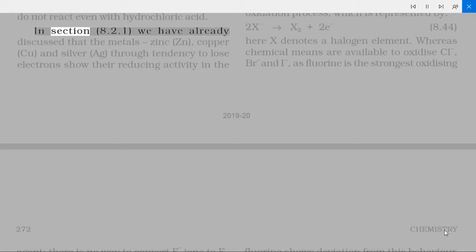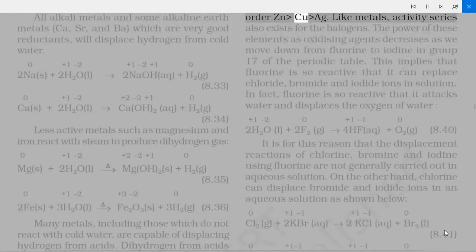We have already discussed that the metals zinc, copper and silver, through their tendency to lose electrons, show their reducing activity in the order Zn, Cu, Ag.